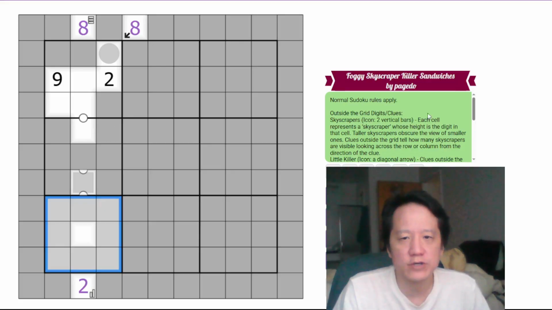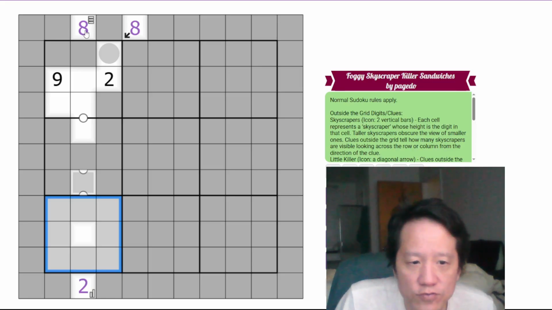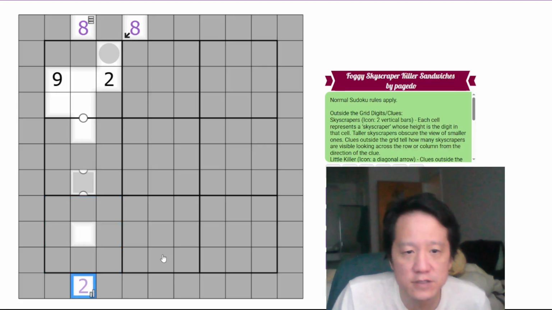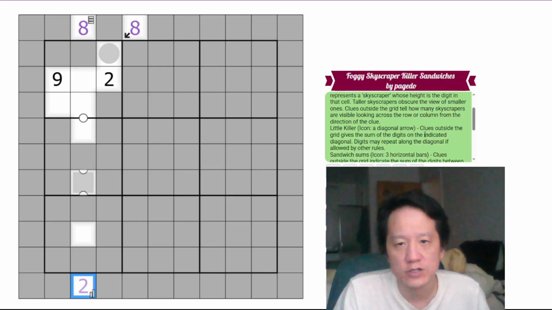So outside the grid digit clues, we have skyscrapers, where we have icons of 2 vertical bars. Okay, so that's this. Each cell represents a skyscraper whose height is the digit in that cell. Taller skyscrapers obscure the view of smaller ones.